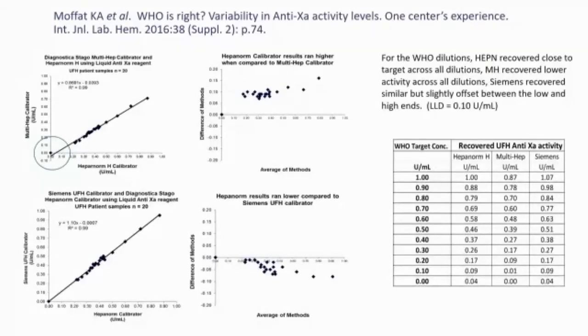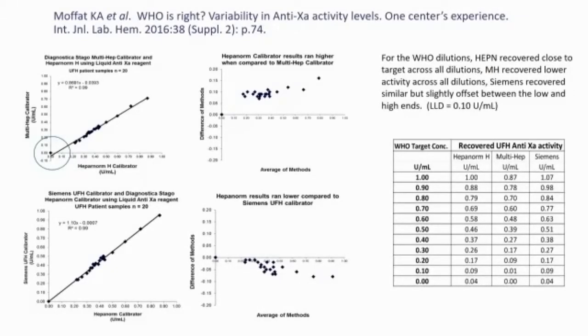As you can see with these three calibrators, we get different results. The hepanorm, in the second column, was the one that performed closest to the WHO standard. The multi-hep calibrator, which coincidentally was from the same manufacturer as the hepanorm, showed a consistently lower recovered unfractionated heparin anti-10A.